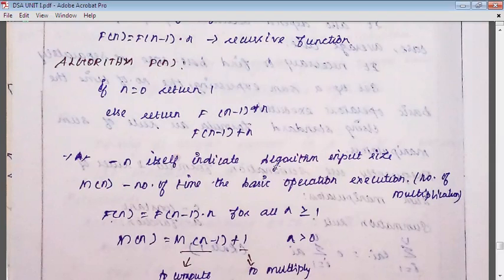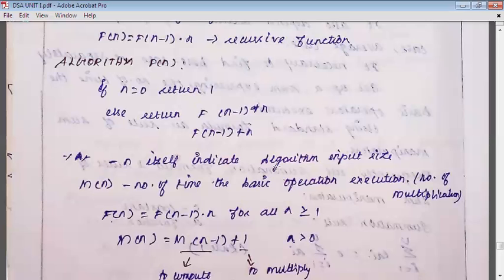Now we can apply the mathematical functions: how many times is the multiplication repeated to execute the function for a given value? So M(n) is the number of multiplications, and n is the input size. So here M(n minus 1).